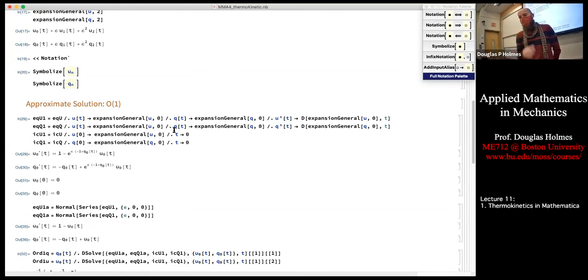Everything we're about to do is just a repeat of what we just did, except we have to replace U naught and Q naught into our next set of equations. So it's really the same procedure.